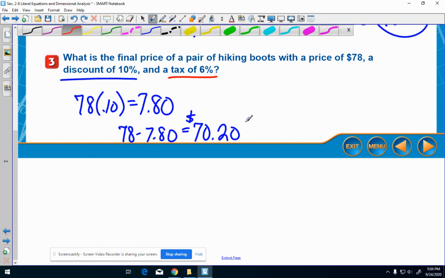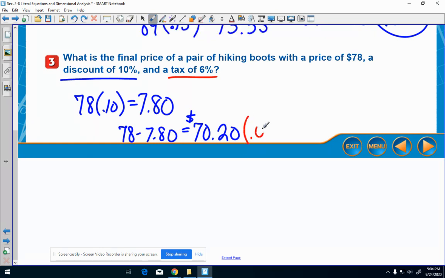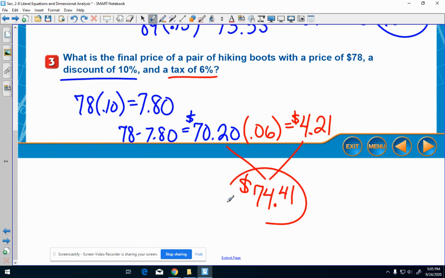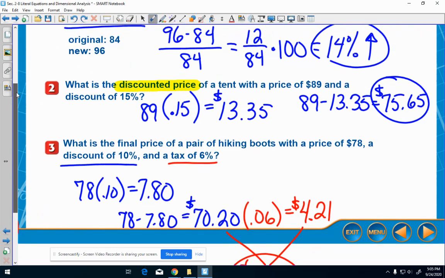Now I need to take that amount and multiply it by 6% to find out how much tax I owe. Remember, we are talking money, so round your answer to the nearest hundredth. I get $4.21. So $4.21 plus the $70.20 gives me a final total of $74.41.